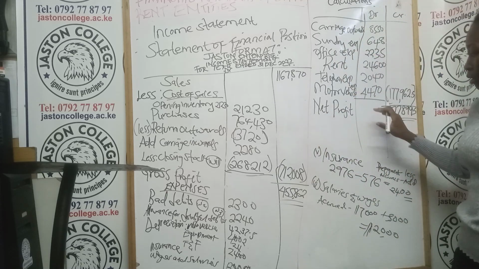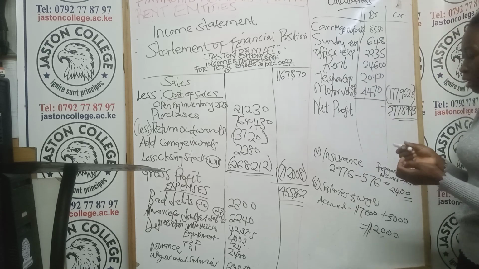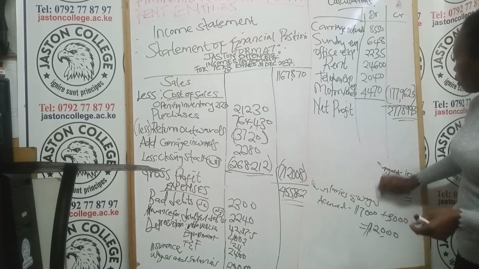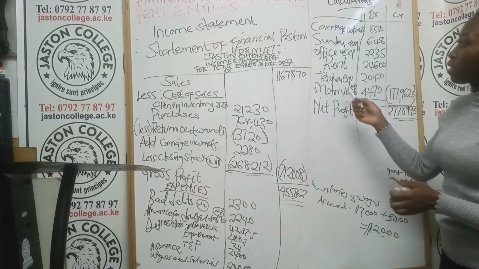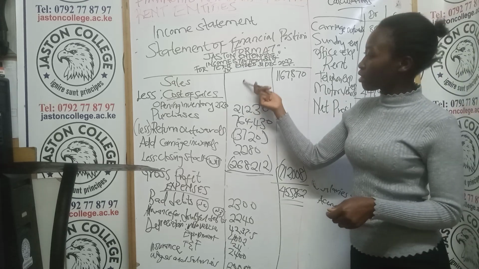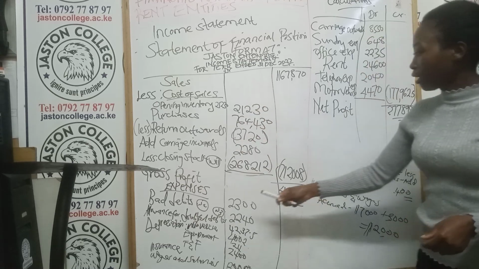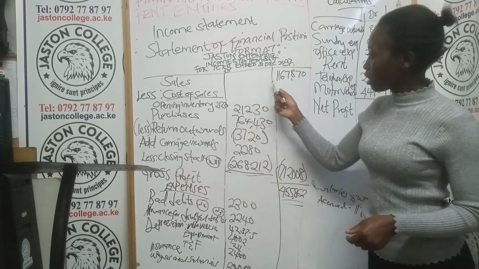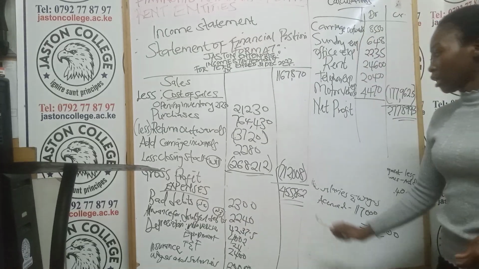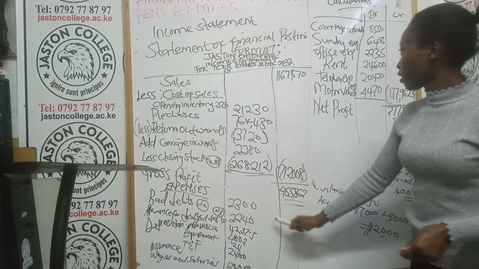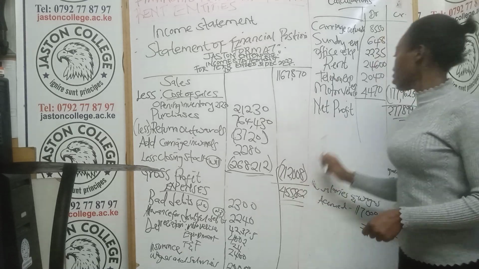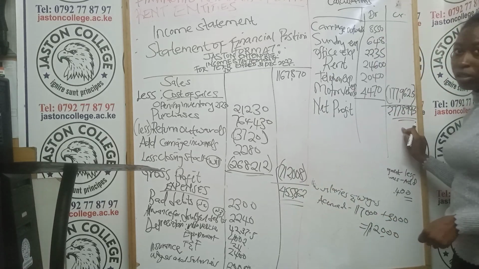So my wonderful students, this is how we work out the income statement of a sole trader. We find the sales, we find the cost of sales, the expenses. So we take the sales, we less the cost of sales to get the gross profit. Then we take our gross profit, we add all the expenses together, then we subtract them from the gross profit, we find our net profit.